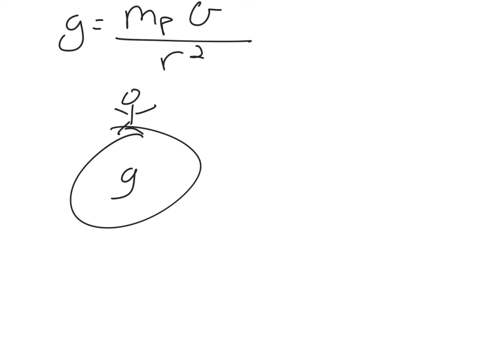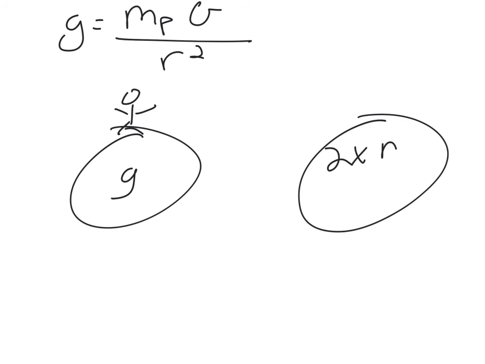And Bob then goes to a new planet that is 2 times the mass and let's say it's half as large. The planet is half as large, so he is half as far out, so his radius is 1/2 times r. What we want to know is, what is the new gravitational acceleration on Bob? That's the name of my stick figure today.